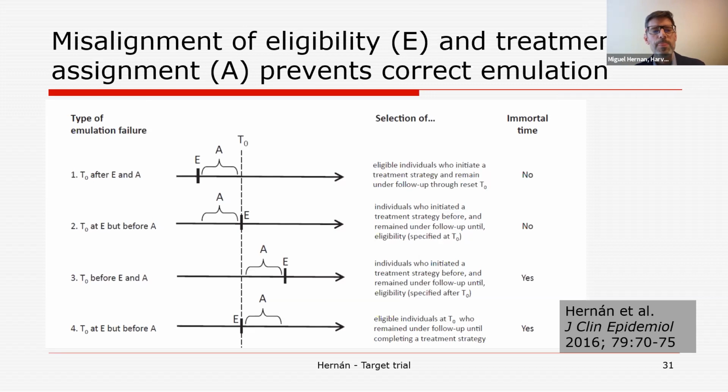Here the dotted vertical line is time zero. Every time that the eligibility E and the assignment to treatment A are not aligned at time zero, we are at high risk of bias. The second example in this graph is the hormone therapy example, in which at time zero, the eligibility criteria were applied, E, but the assignment to treatment had happened before.